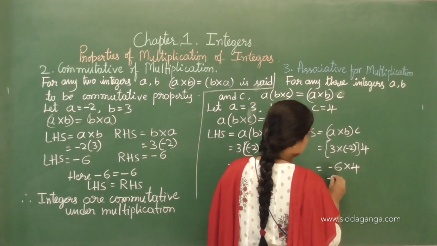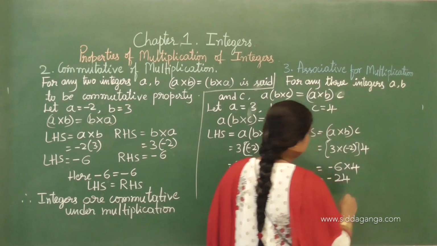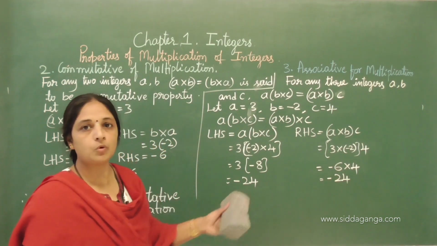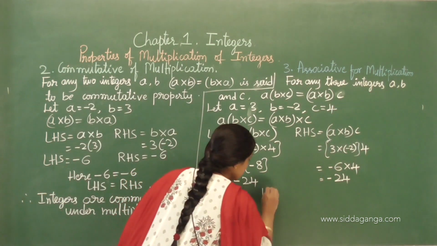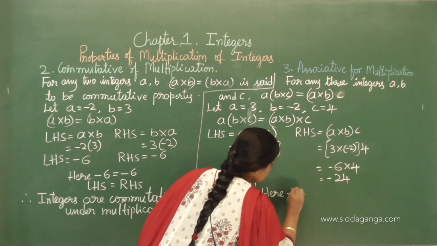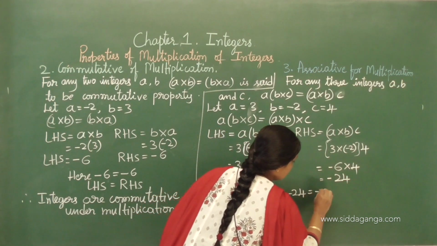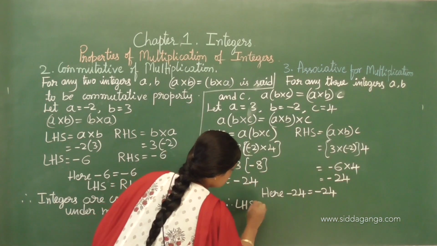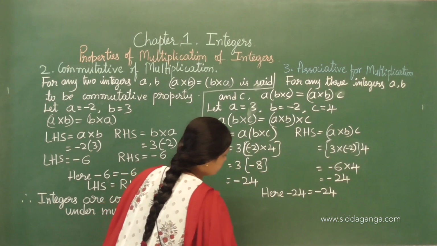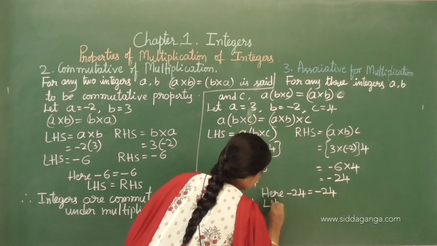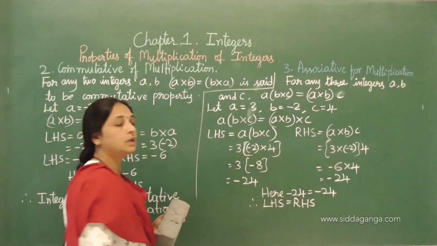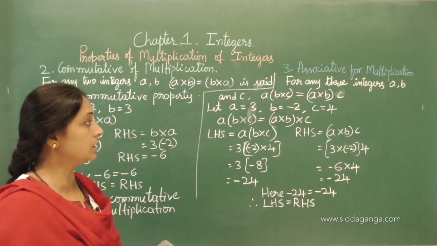Minus into plus is minus, 6 4s are 24. So what did we get? It's minus 24. Both are the same here. So write like this: minus 24 is equal to minus 24. Therefore, LHS is equal to RHS.